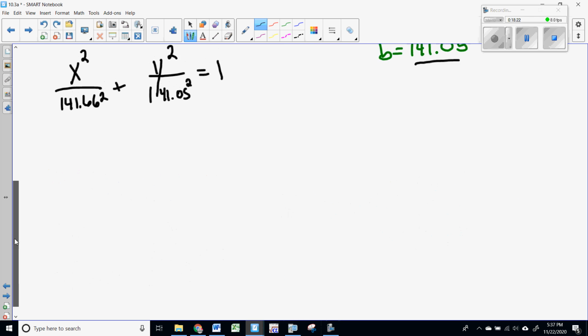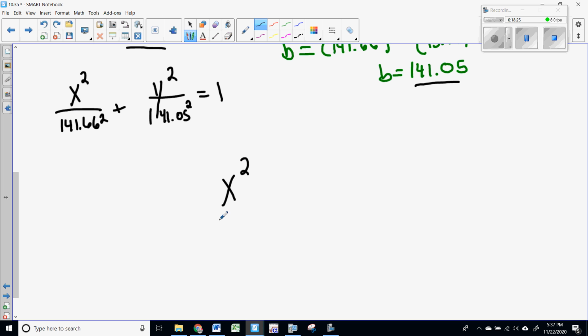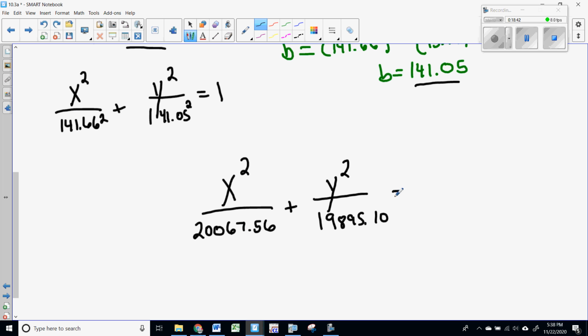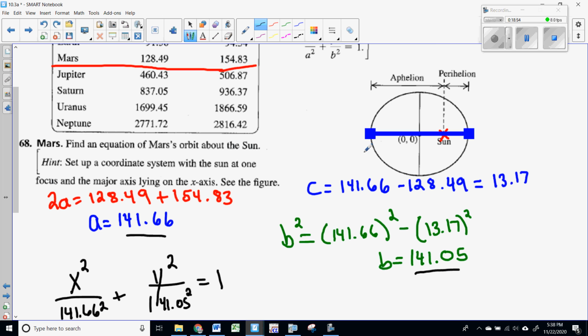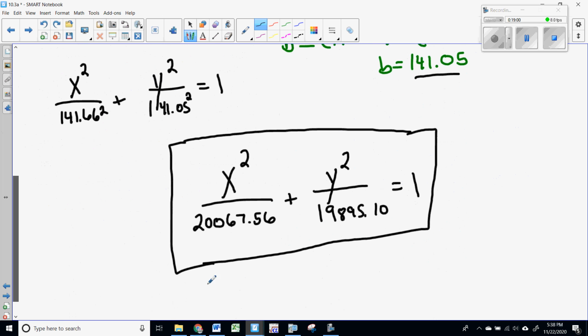And if I write these down by actually squaring those numbers, I get x² over 20067.56 plus y² over 19895.10. So you can see we now have a formula for the ellipse that is the orbit of Mars around the sun. So if we wanted to predict where Mars is at a specific spot, we could now use this formula to help us calculate that.